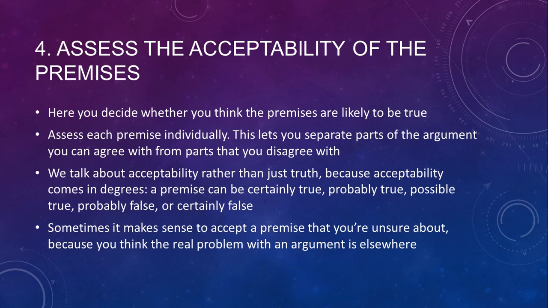So forget everything that you know about acceptability. In this class, acceptability of premises means that if a premise is acceptable, then it's either likely to be true or likely enough to be true to be accepted in a context. So this is relativized to the stakes. If your doctor says, yeah, this treatment will probably work, you might think, well, I would like you to be more sure of that.